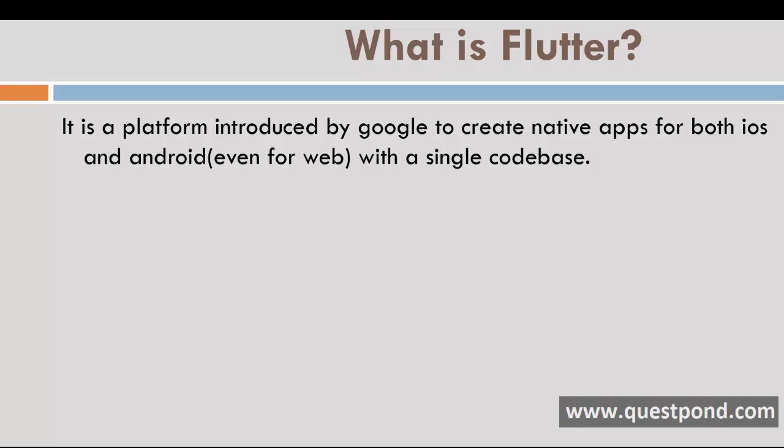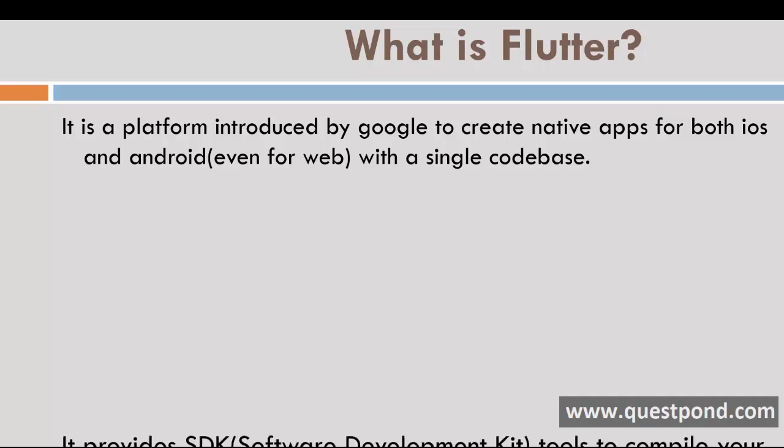But with the latest release of Flutter, it is not limited to native mobile apps; now you can manage a web application also with the same Flutter code. And the main advantage is we have to just maintain a single code base, and we have to learn only one language to create our mobile application as well as web application.